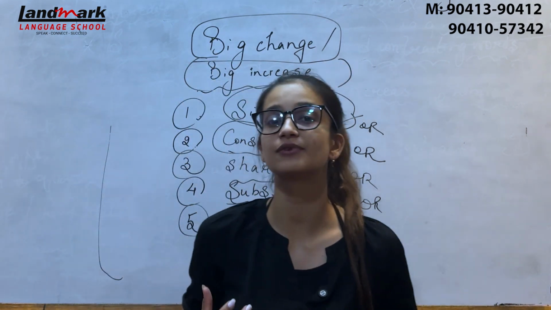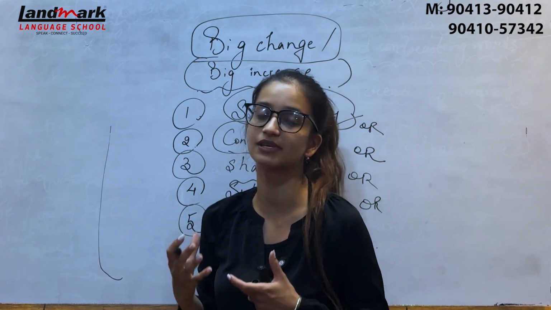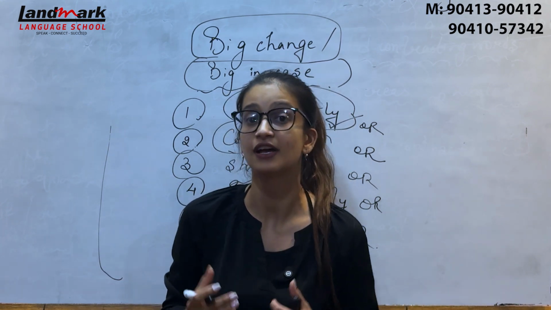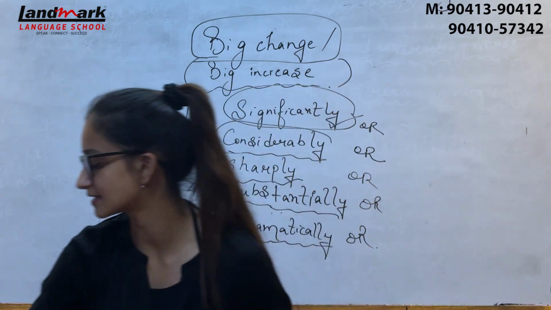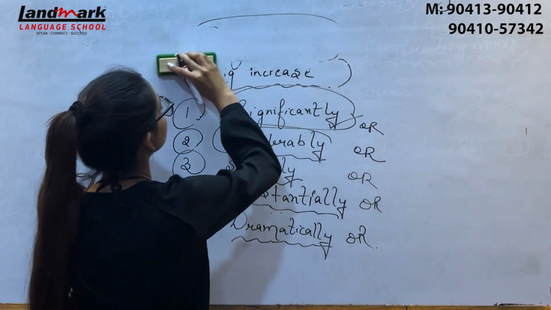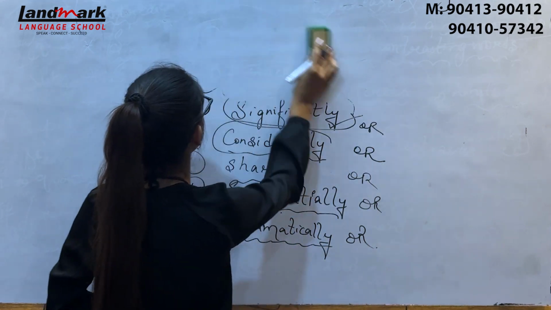But what to write when there is a small change? We can't always repeat "small change" or "there was a little change". So we have so many words. Now I am going to write them for small changes.